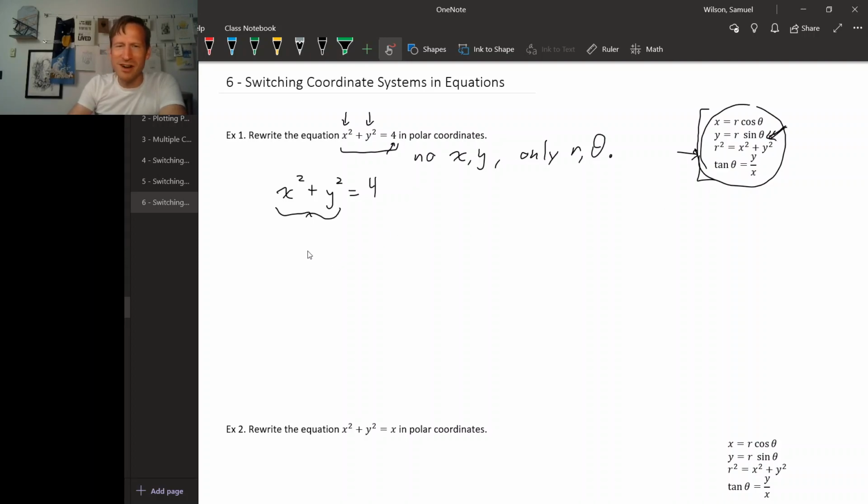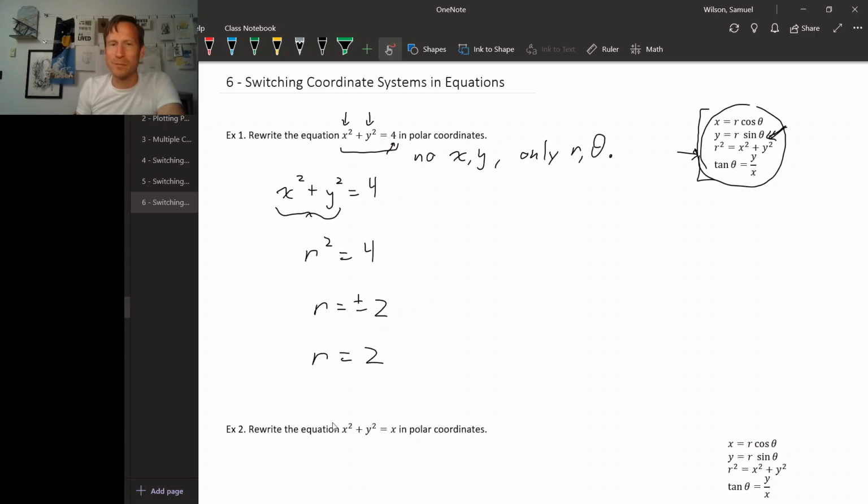X squared plus y squared is just r squared. So r squared is 4. And then if you really want to, you could even take square roots on both sides. R is plus or minus 2. But as we've seen, every point that has an r coordinate of -2 has an alternate description where r is positive 2. So you don't even need the negative. You could just have the positive.